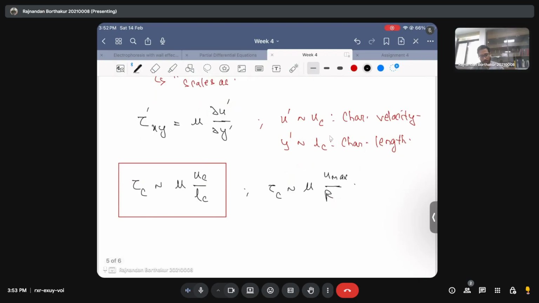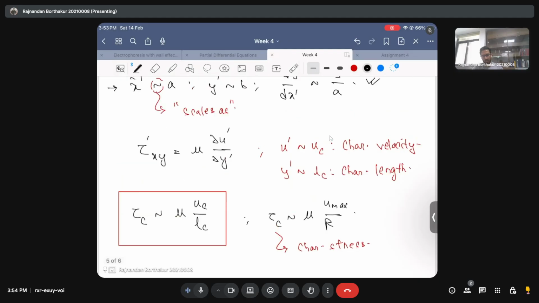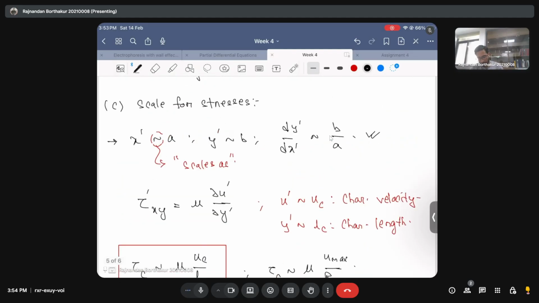This is precisely going to be my characteristic stress, because we know that uc was equal to u max in that case, and lc is going to be the radius of the pipe. So this is how you choose scales for stresses based on the choices that you have already made on the primitive variables, like the length, the velocity and things like that.